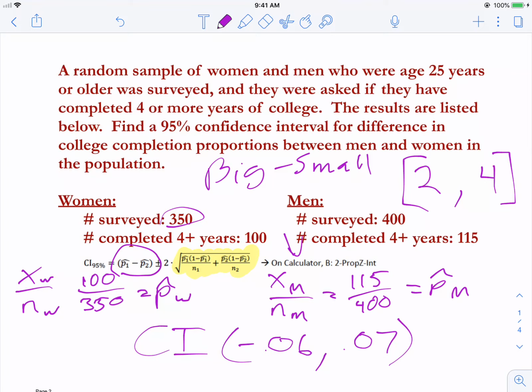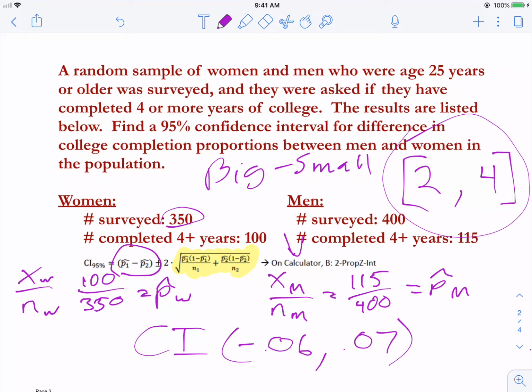So the thing you are most interested in when you're looking at a difference of 2 proportions confidence interval or difference of 2 means, does that interval cross 0 or not? If it's crossing 0, there's no difference between the two. If it's entirely above, or it could be entirely below if they're both negative numbers if you did small minus big, then you do have a difference, and that difference is between those values.